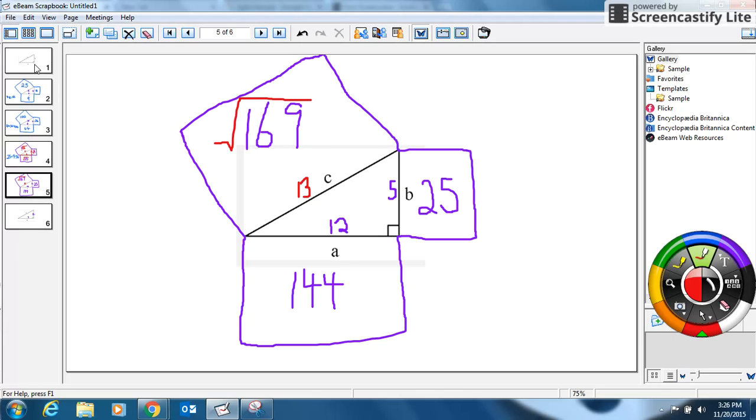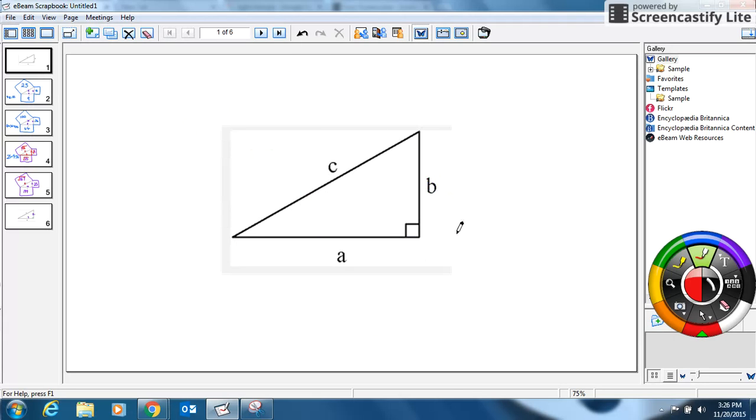Alright, so once again, I want to go back to this first one. The 2 shortest sides of a right triangle are what we call the legs. Okay, so A and B in this case are the legs. And the longest side is going to be called the hypotenuse.